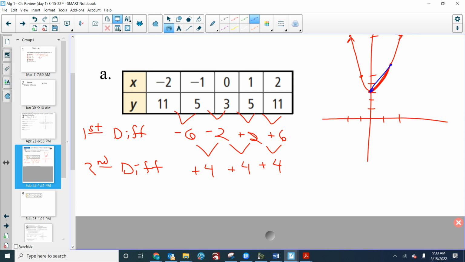So that's why these first differences aren't the same, because it's not rise and run. It doesn't have a slope. But the second differences are the same. That's just an attribute of a quadratic function. Every quadratic function has constant second differences. Something you just need to know.